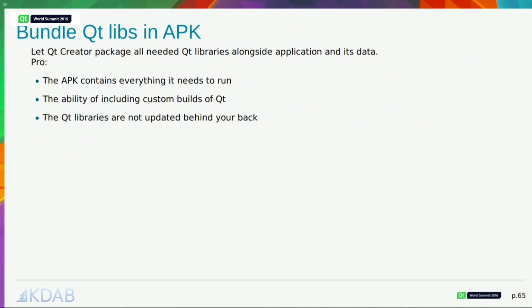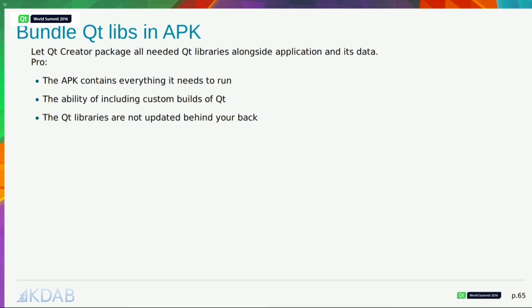The other way is to bundle Qt libraries in the APK. As I said, the APK contains everything it needs to run. It will not bother the user to install another service. You can include your own custom Qt builds, and the Qt libraries are not updated behind your back.